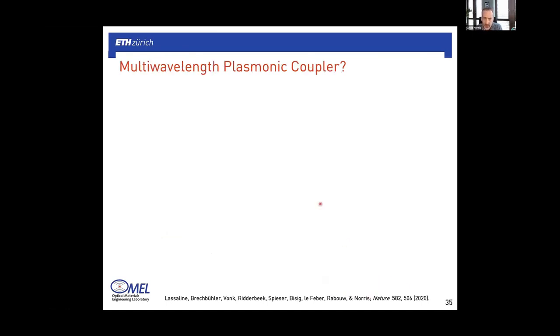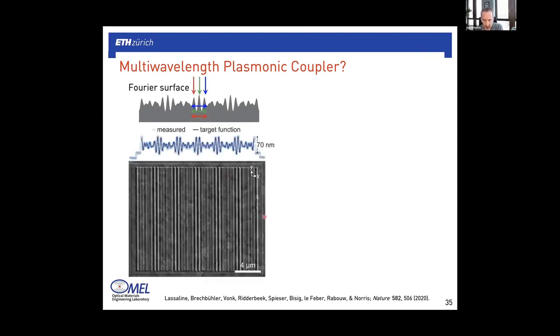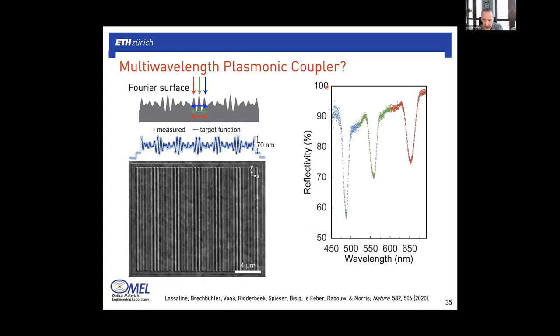And the second simple example is to make a multi-wavelength plasmonic coupler. So going to that example I said before for a waveguide, we can now imagine, can we send in red, green, and blue light at normal incidence and couple the surface plasmons all at the same time? And so Nolan designed such a surface to do that, that has 3 spatial frequency components, and then measured light coming in at normal incidence, the reflectivity of that light, so as a function of its wavelength.